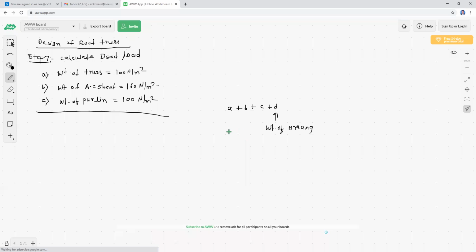If they tell you to take the weight of bracing, only then take it, otherwise it is fine not to take it. So this fourth load, weight of bracing, is not given, so we cannot add it. If it is not given, don't take it, and if no load is given at all and you want to take it, you can.